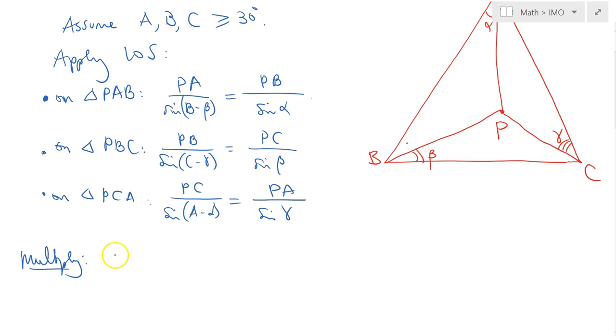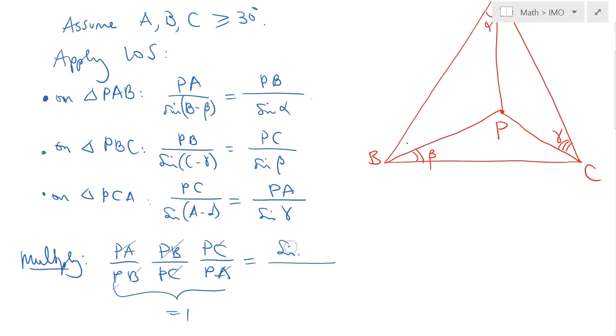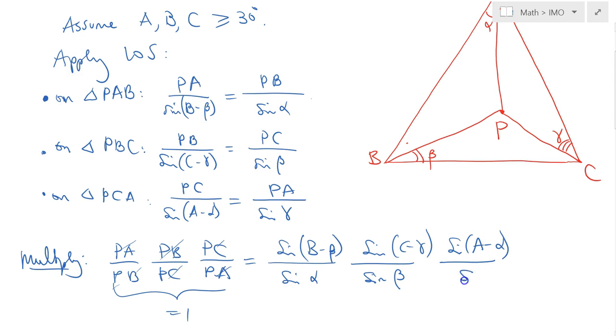So multiplying out, we get that PA over PB times PB over PC times PC over PA is simply equal to 1, since the PAs cancel, PBs cancel, PCs cancel. And this equals sine of B minus beta divided by sine alpha, times sine of C minus gamma over sine beta, times sine of A minus alpha over sine gamma. So this whole thing must be equal to 1, right? So we have just proven it.